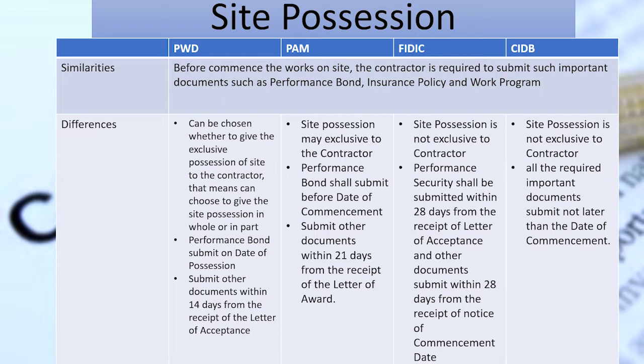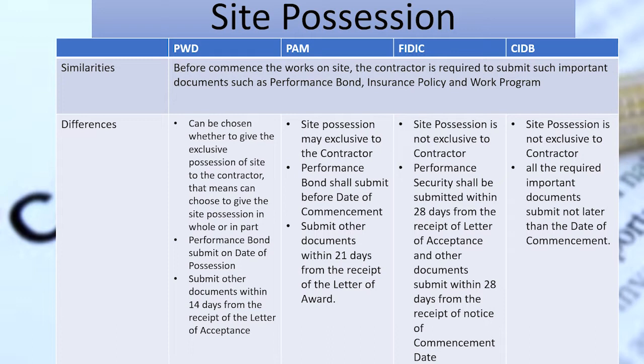For the difference, in PWD, it can be chosen whether to give exclusive possession of the site to the contractor, which also means that it can choose to give the site possession in whole or in part. The performance bond should be submitted on the date of possession stated, and other documents should be submitted within 14 days from the receipt of the letter of acceptance.